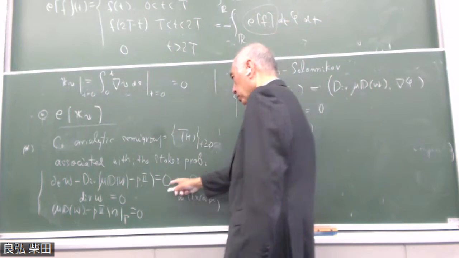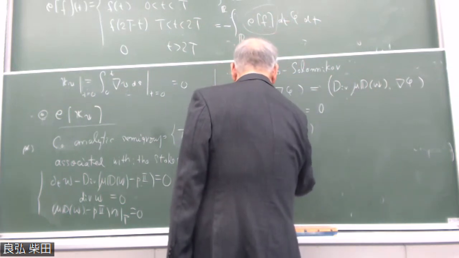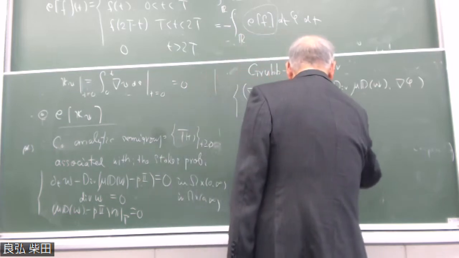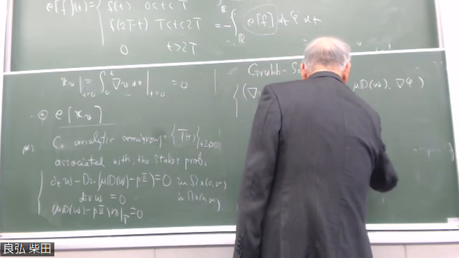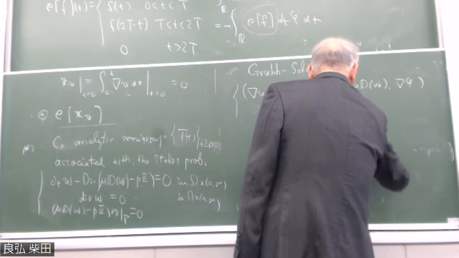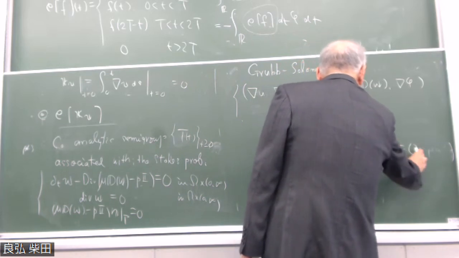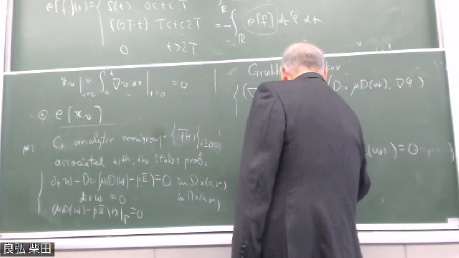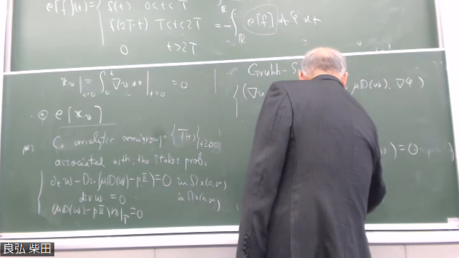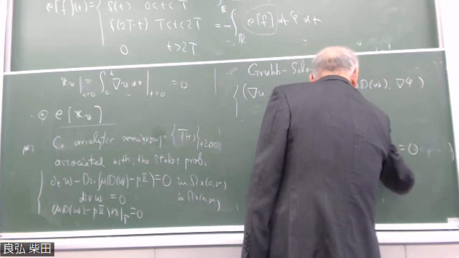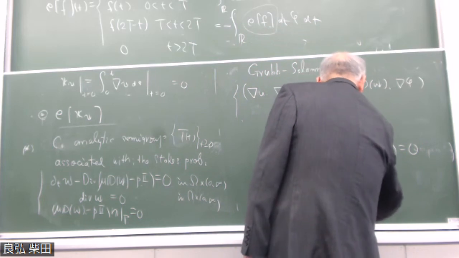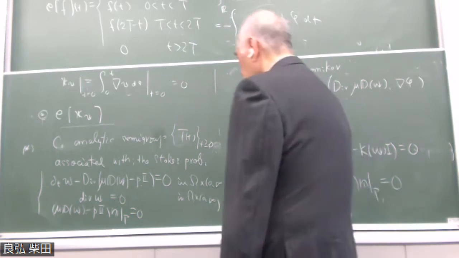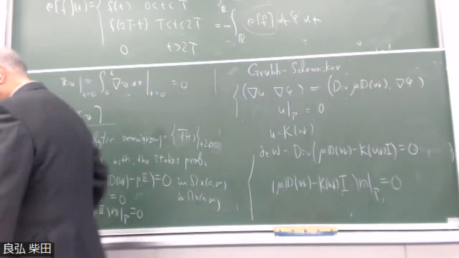And then the corresponding problem is this one, on the boundary condition. This is a way to eliminate the pressure P.